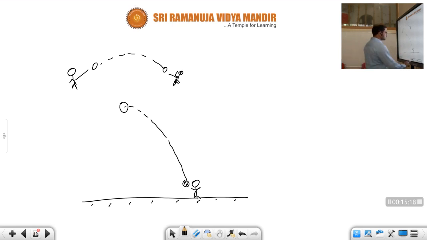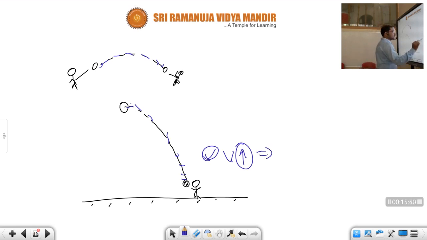Observe, children, in these two cases, from here to here, and from the topmost point to down, in which case will the velocity be more? Obviously, in the second case the velocity will be more. Since the velocity is more, what will be more, children?